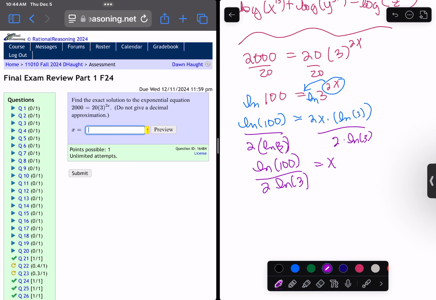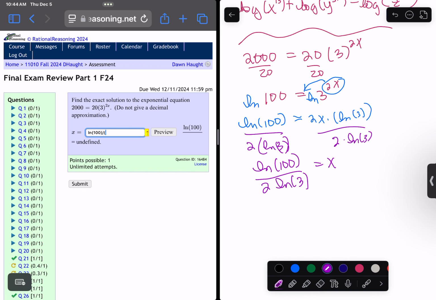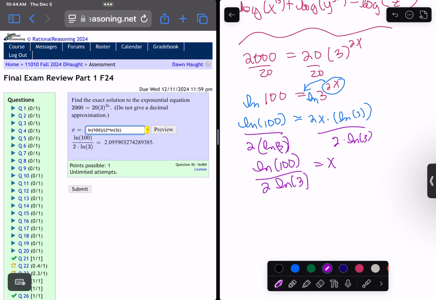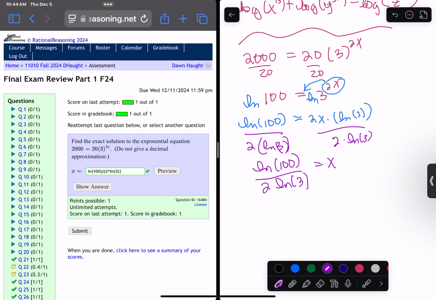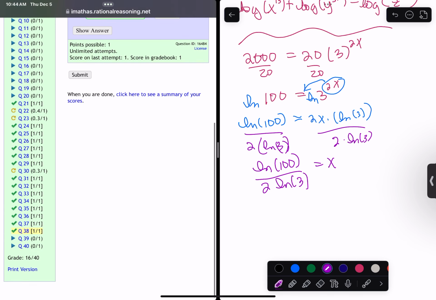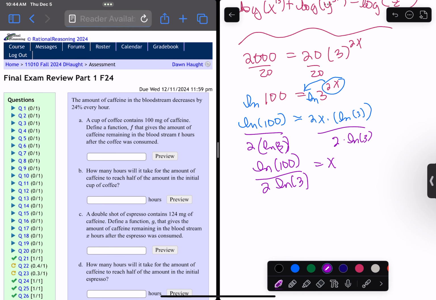Okay, so I'm going to get the natural log of 100 divided by, in parentheses, my whole entire bottom, 2 times the natural log of 3. I have all my parentheses. They didn't say there's any errors. It looks beautiful and lovely green. And there you go. That's a good 39.